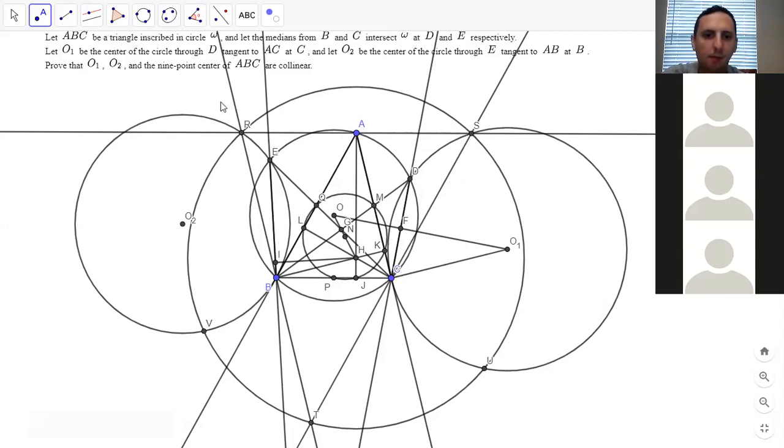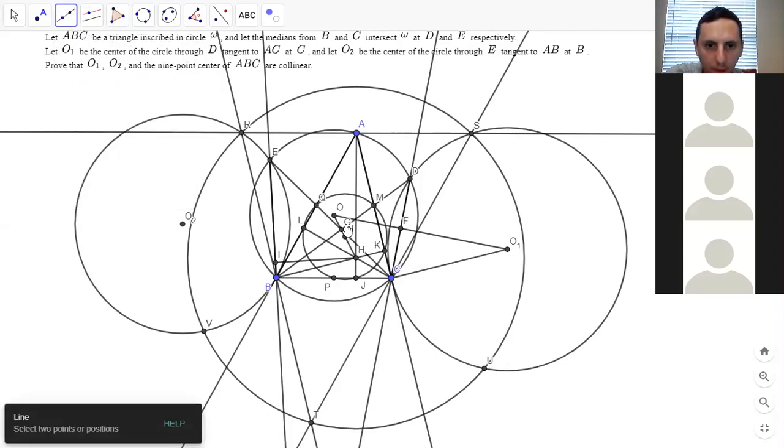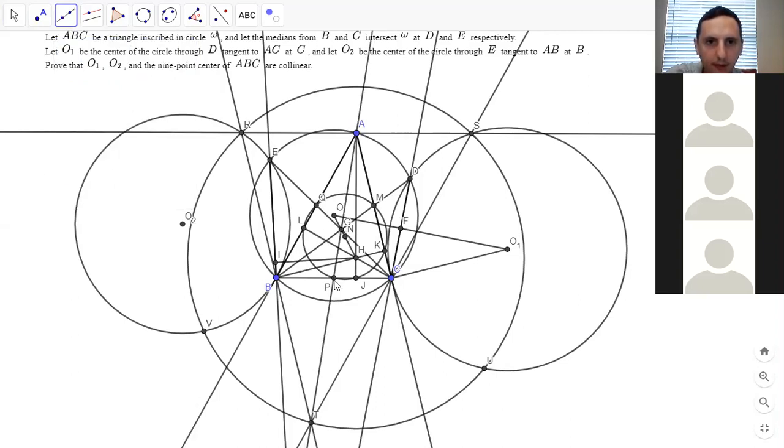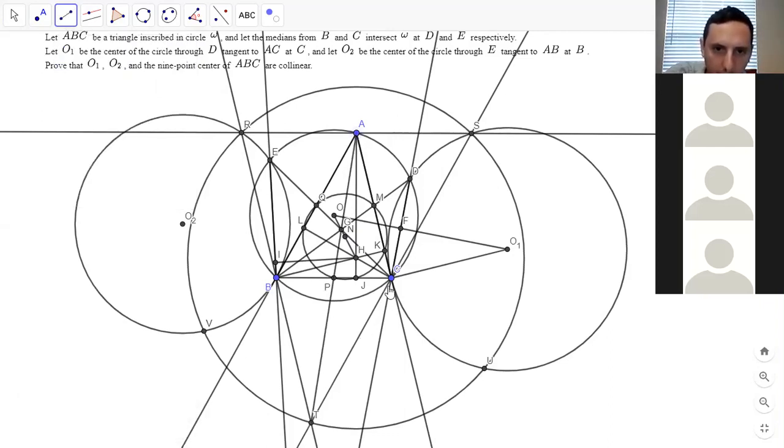I kind of like that. So G, let's see, are G, P, and T collinear? Yes. Actually, yeah, I think this might get us close. So A, G, P, and T are collinear. These should be collinear.